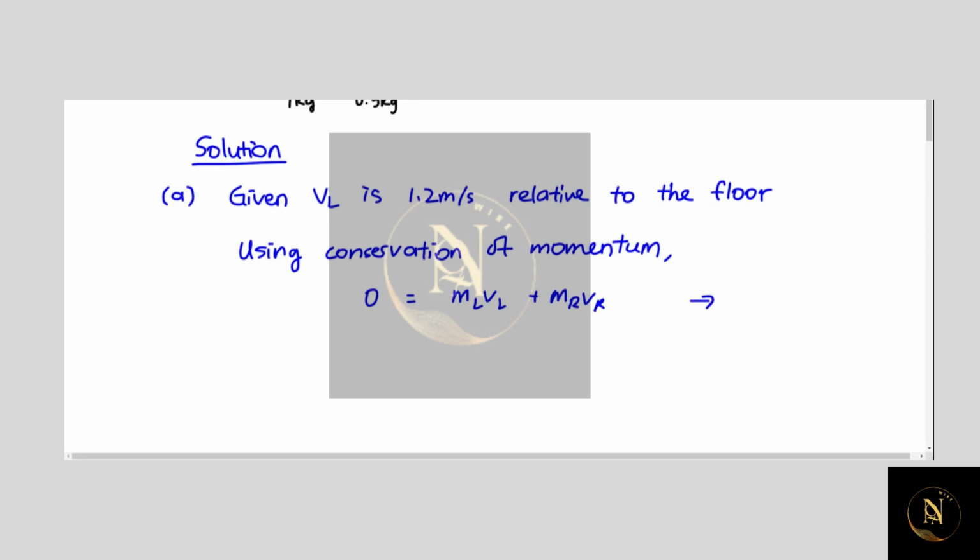Taking right as positive, VR equals minus ml VL divided by mr. So we have minus 1 times negative 1.2 divided by 0.5. The speed of R is 2.4 meters per second.